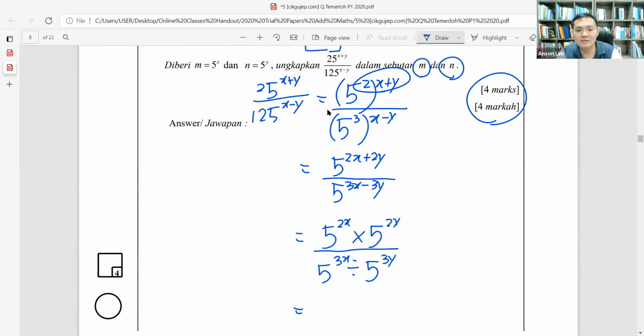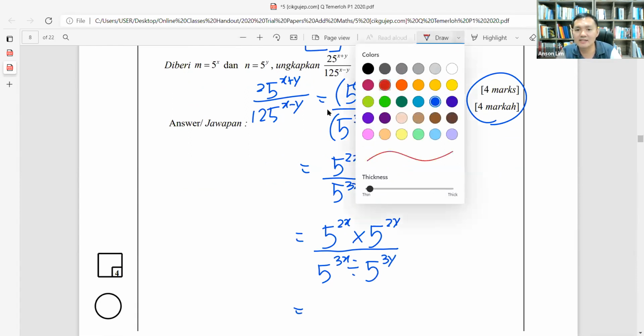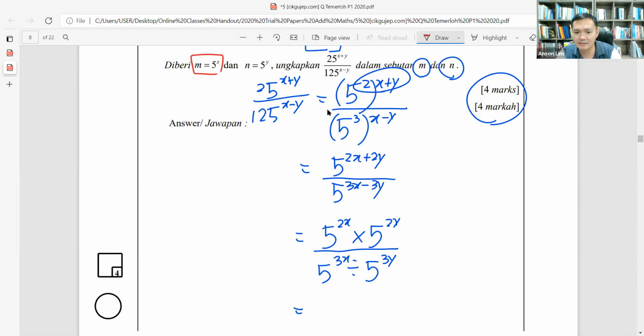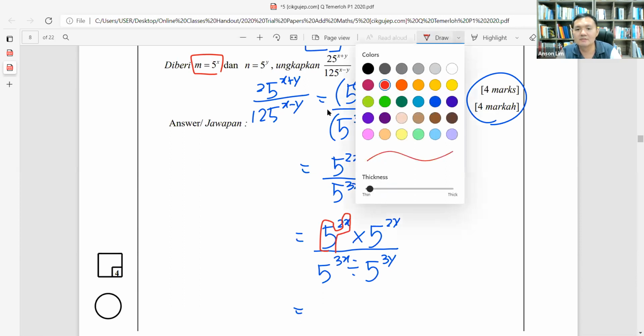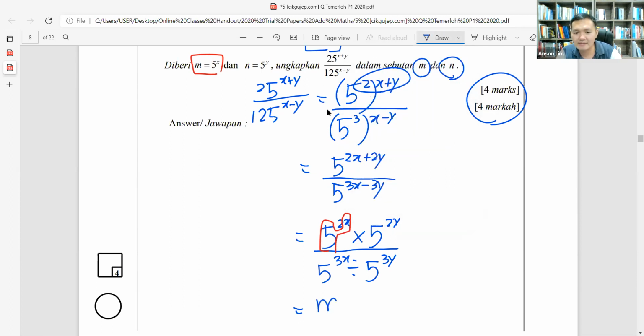So 5 power 2x, a lot of people didn't realize it can change to m or not. Can. 5 power of x is m, so you still got the square there. So m squared, same thing. 5 power of 2y means 5 power of y is what?